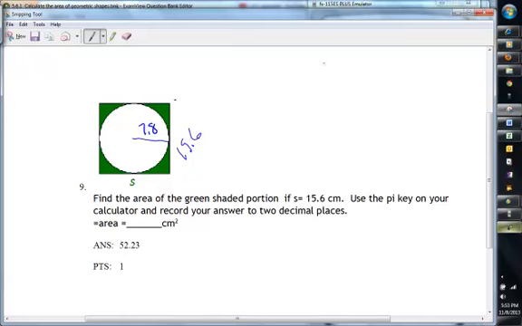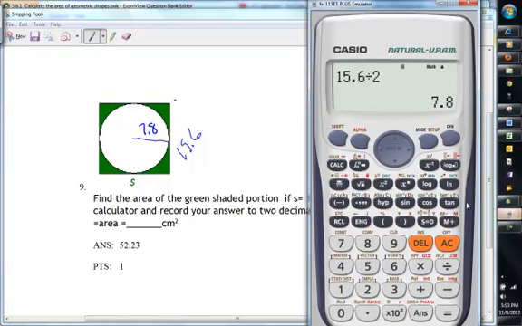So we're going to take the area of the square, subtract the area of the circle, and that'll be the green portion. 15.6 squared minus the circle, which is pi times radius squared, is 52.23. And that's how you do that one.